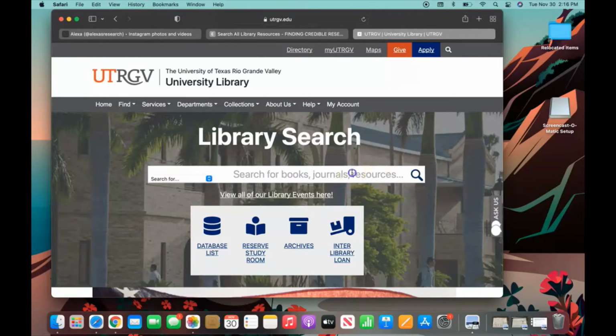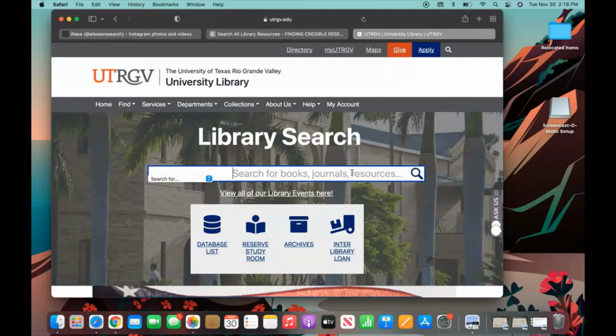For example, my topic was, how do you know if your research is credible or reliable? So in order to find a source for that, I will type in finding credible research.